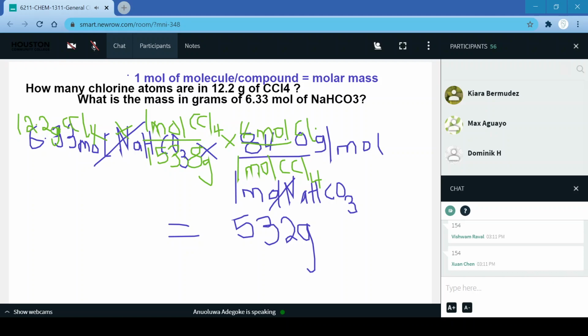And then lastly, we say that 1 mole of chlorine contains 6.02 times 10 to the 23 atoms of chlorine. Again, we're still going to do a lot of examples next week in case you didn't get this one very well.